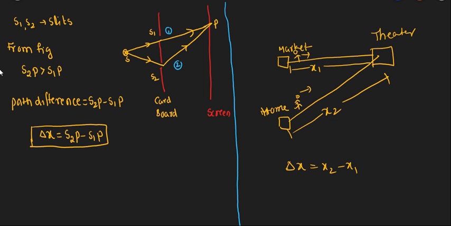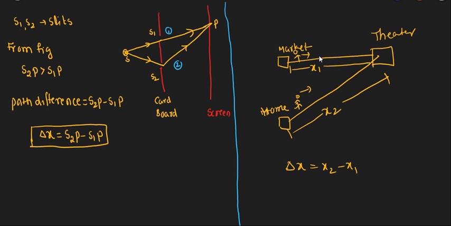The person who is starting from home traveled a long distance to reach the theater, because the home is far away from the theater, but the market is a little bit near the theater. That's why the person starting from home should travel a longer distance compared with the person who started from the market.